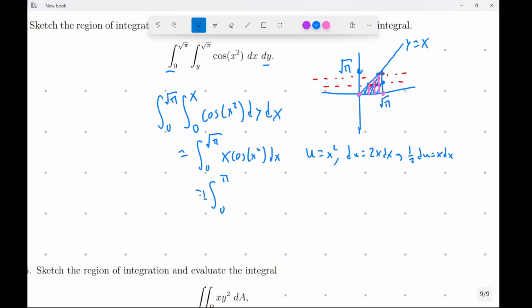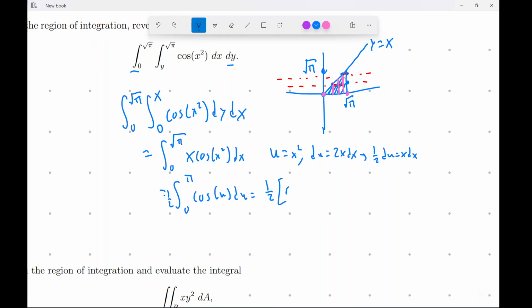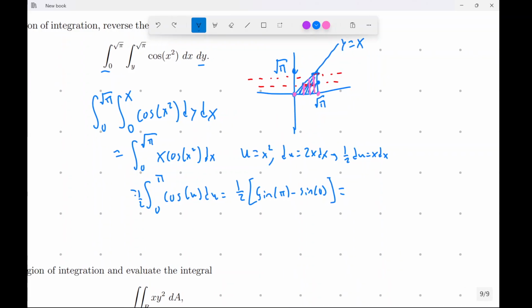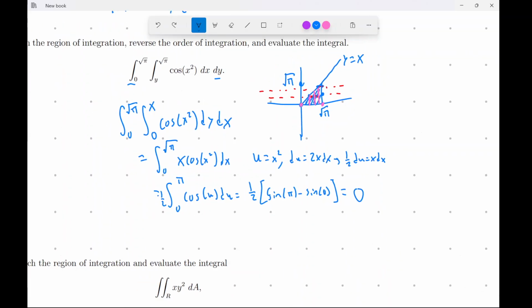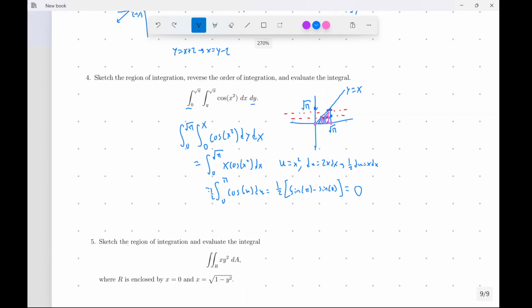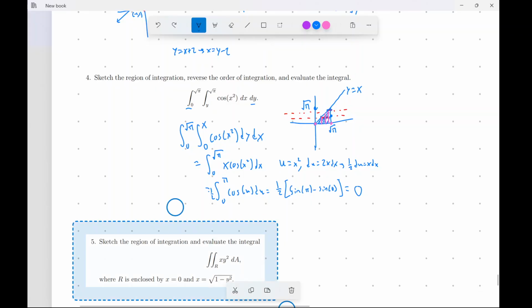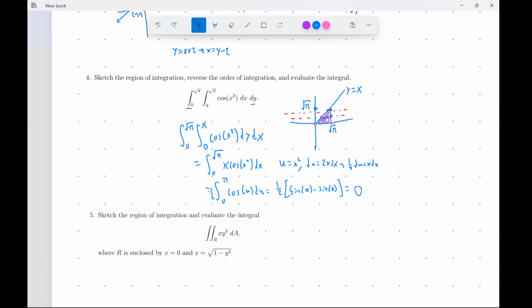And then this is 1/2 cosine of u du, which is 1/2 times sine of pi minus sine of 0, which is just equal to 0. Great, okay. Hopefully that one makes sense.